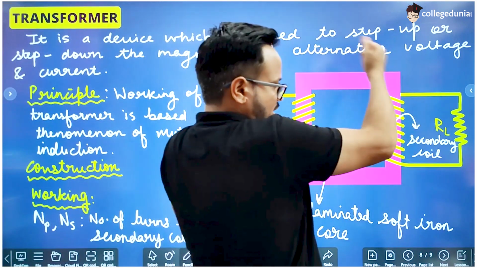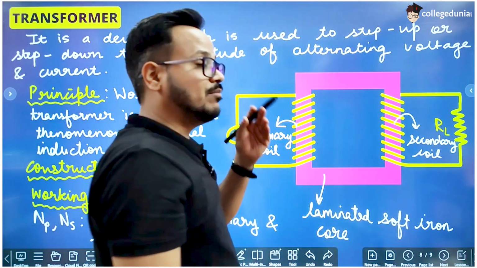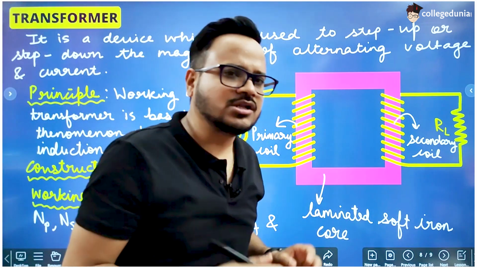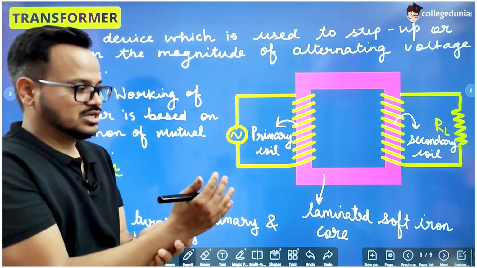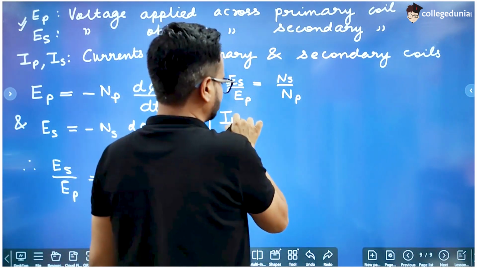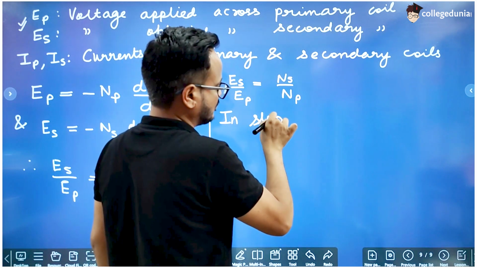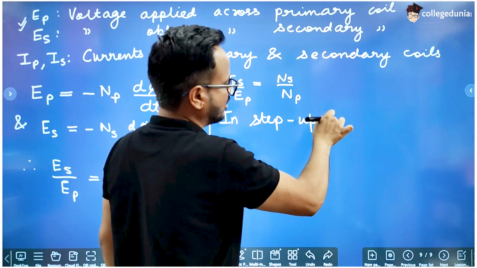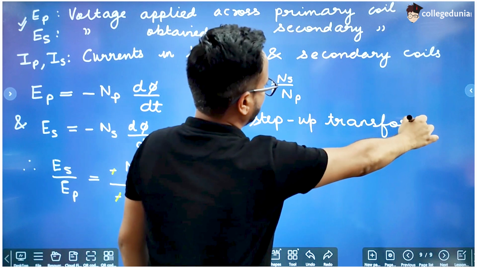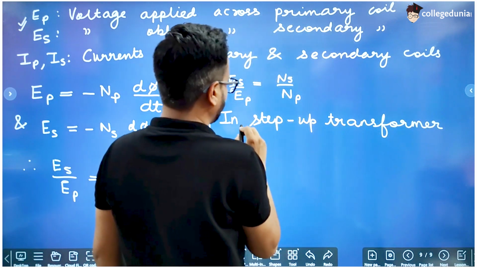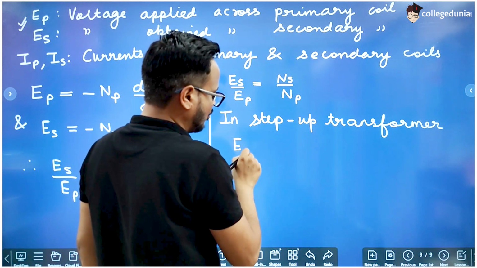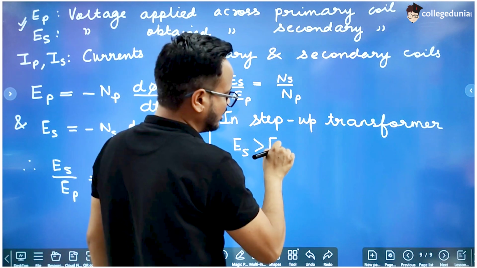So to increase the voltage, we just have to increase the number of turns in the secondary coil, and such a type of transformer is called a step up transformer, which increases the voltage, right? So for a step up transformer we need ES greater than EP.